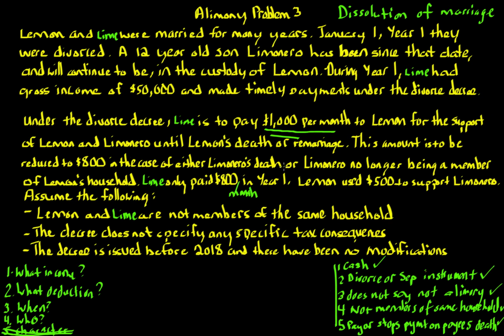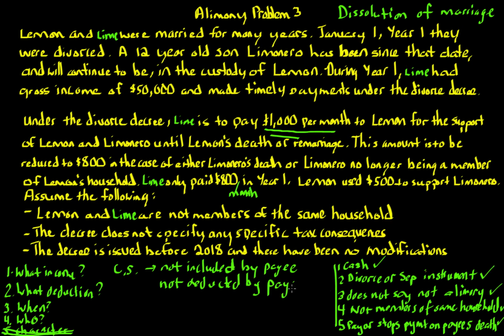If the divorce decree states exactly what the child support is, like we saw in previous problems, that is the amount of child support. Because remember, child support is not included by the payee and not deducted by the payor.